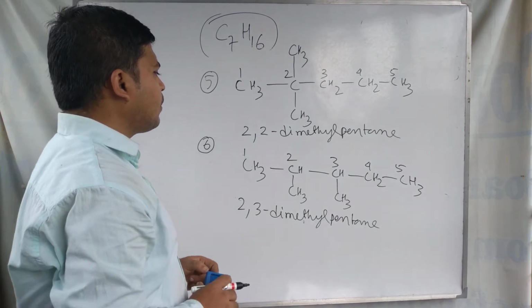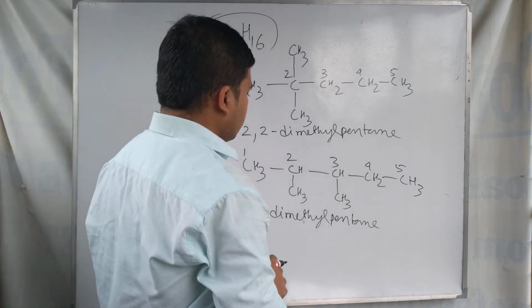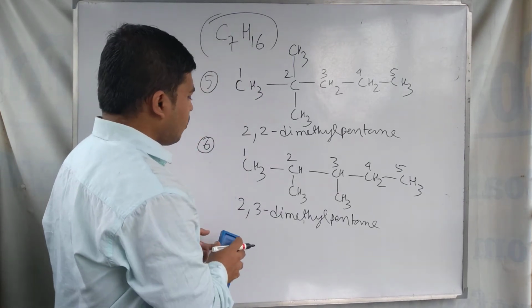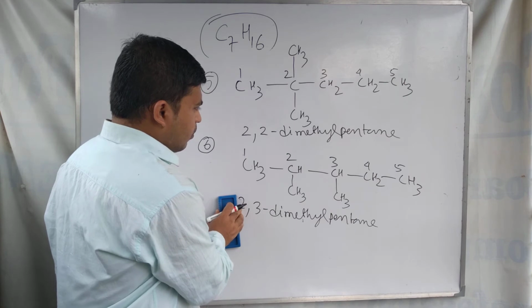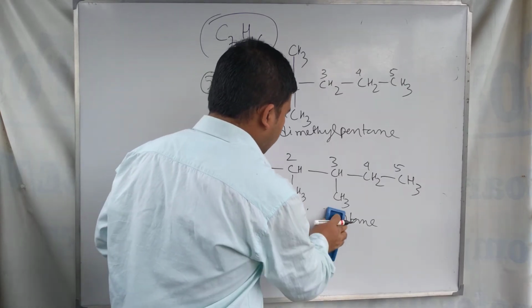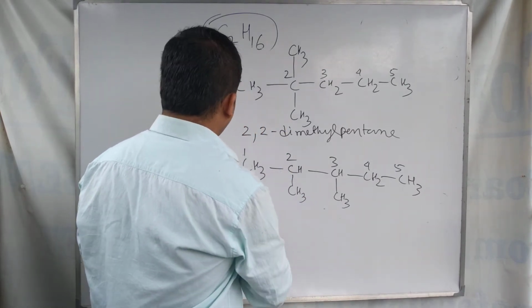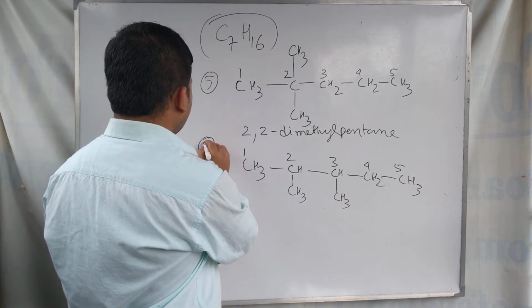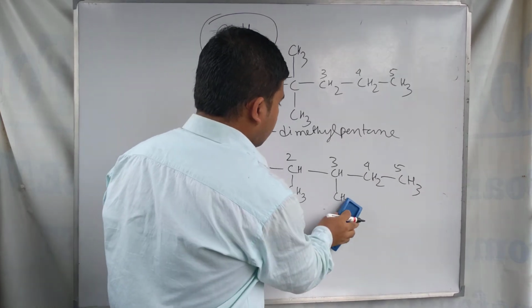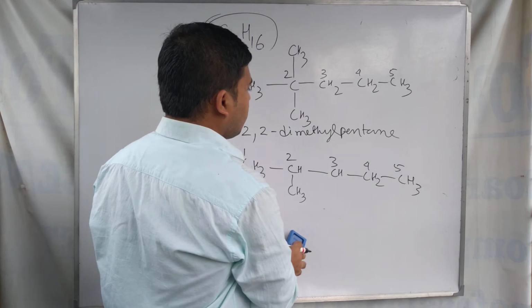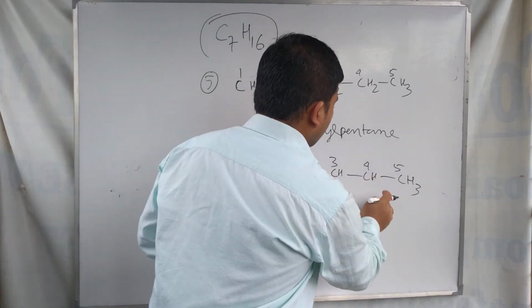and after this sixth isomer we can draw the seventh isomer also, and after 2,3 dimethyl pentane we can draw the seventh number isomer, and in this case we put the methyl group here.